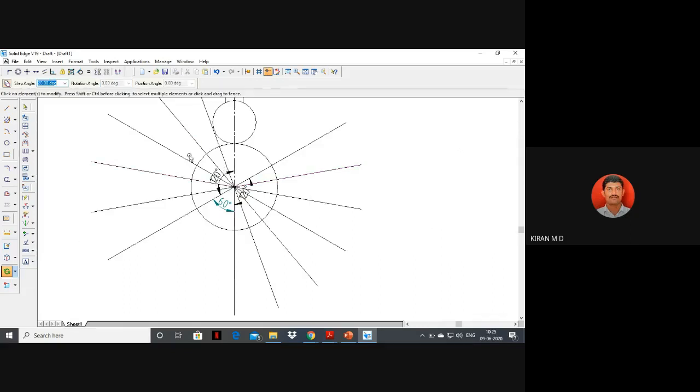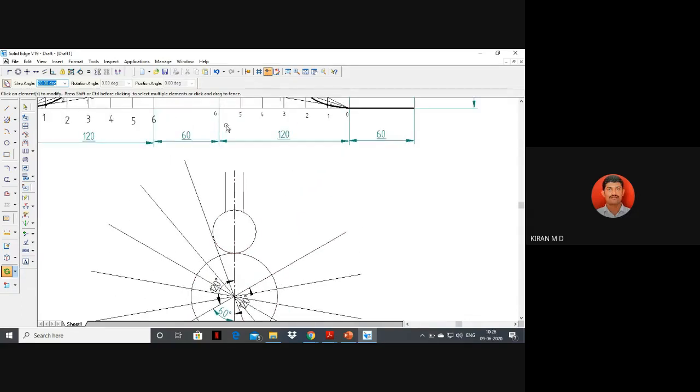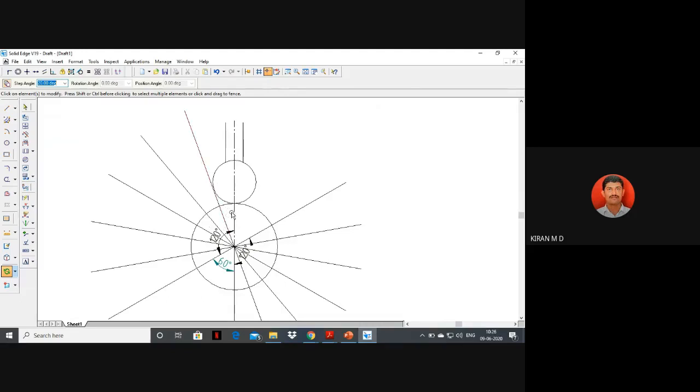Okay, so we have divided this into 6 parts. How many parts have we divided here? Here we have divided into the same number of parts.